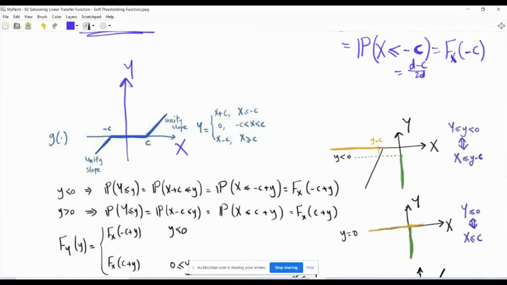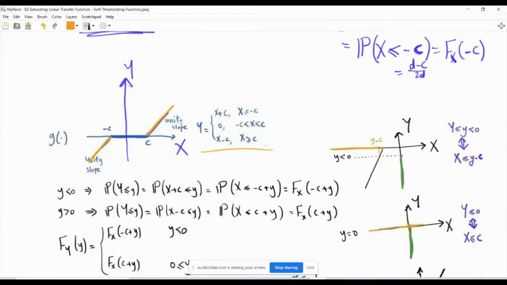And then if x exceeds c, the relationship between x and y will be linear with the slope 1. And if x is below minus c, the relationship will be linear with the slope 1. And so this is the expression between y and x. So this is your function relating x to y.